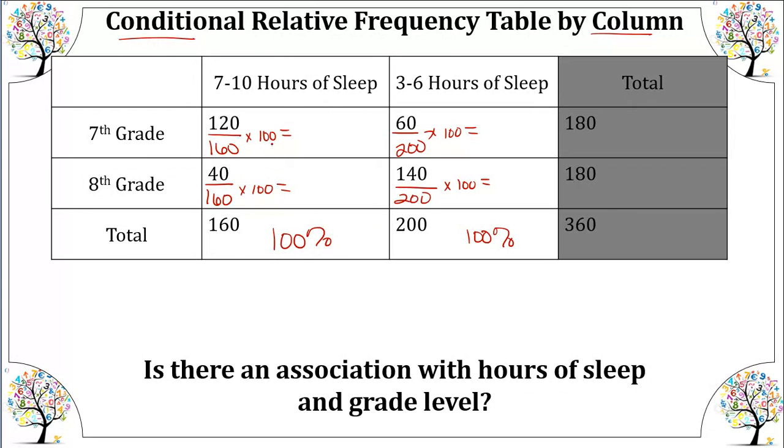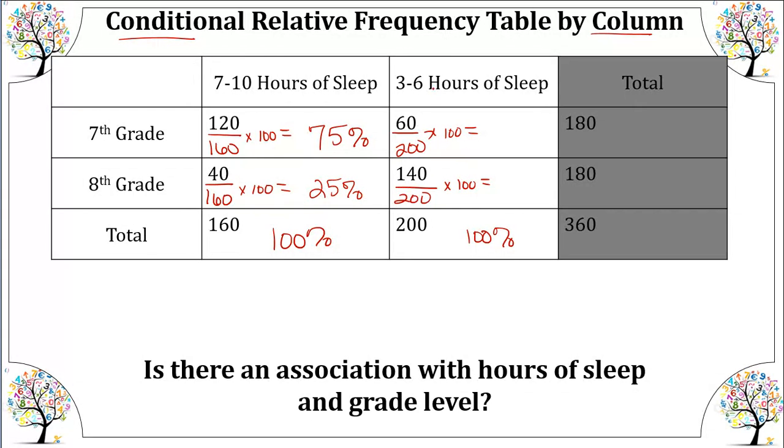So let's do the math. 120 divided by 160 times 100 gives us 75%. And then we know that 40 divided by 160 is going to be the 25%.